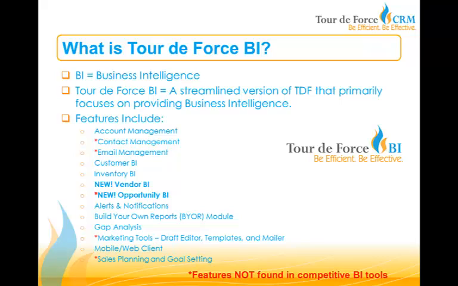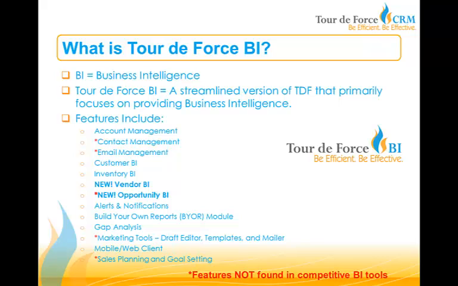And then some of the marketing functions that Tour de Force BI includes are our gap analysis, the ability to quickly and easily identify gaps that exist within a customer. So is this customer buying one product but not buying another? Being able to generate marketing campaigns based off of what customers are buying, and then being able to compare what they are buying to what they should be buying.